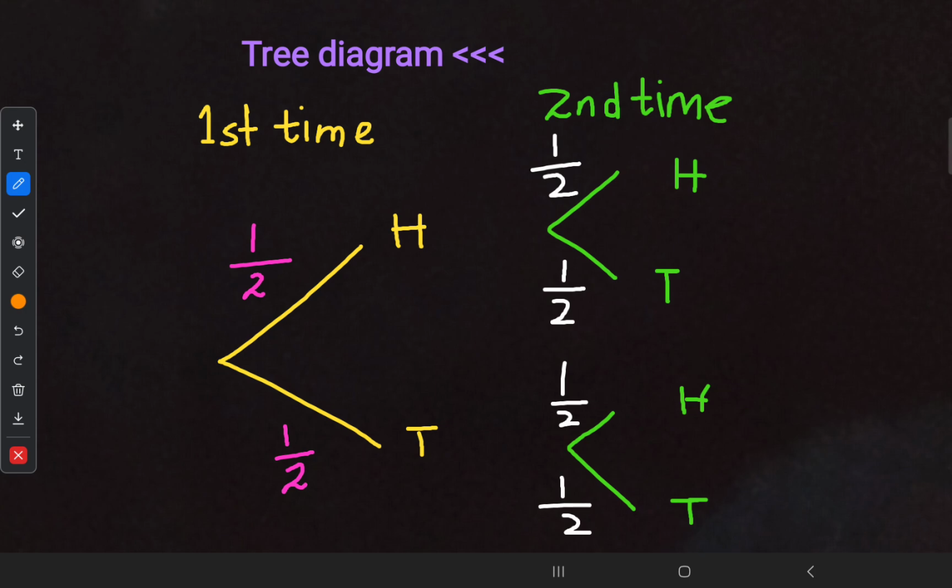Then after, we are going to find the probabilities. Now let's see. My first question is to find the probability of getting head and head. In your first attempt you should receive head, and in your second attempt also you should receive head.